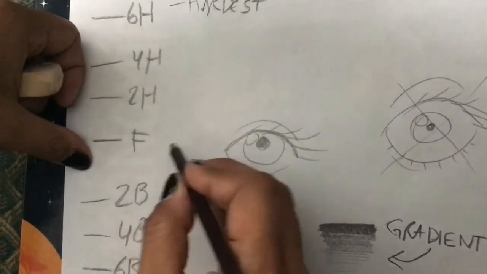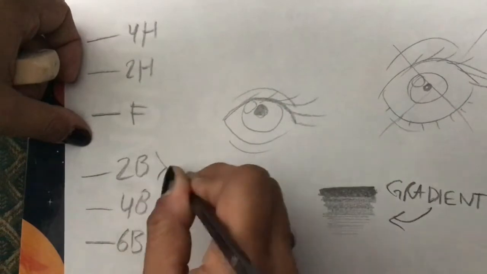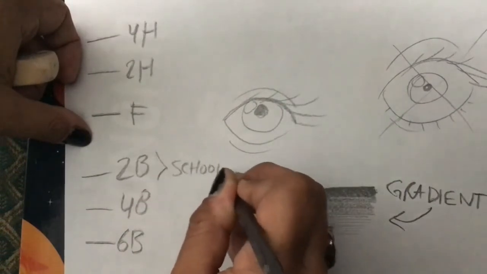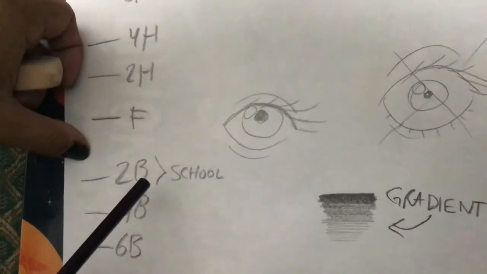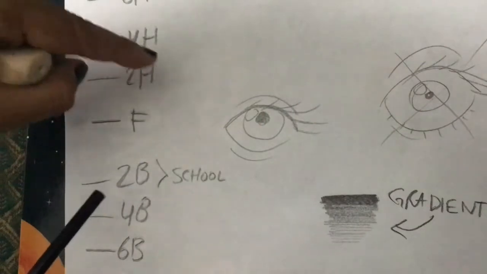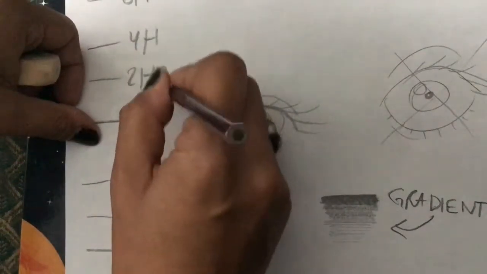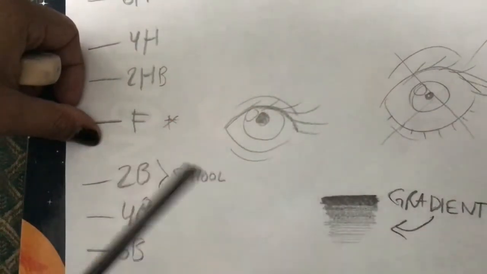F is like in the middle. 2, this is like the school pencils that we normally use. School pencils are number 2, they're called. Sometimes school pencils are number 2B or number 2HB, which is kind of like an F. It's kind of weird, it doesn't matter.